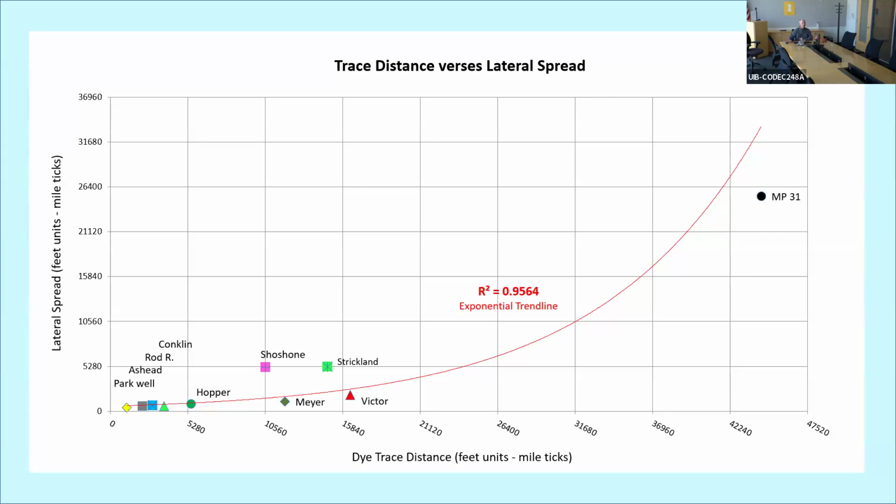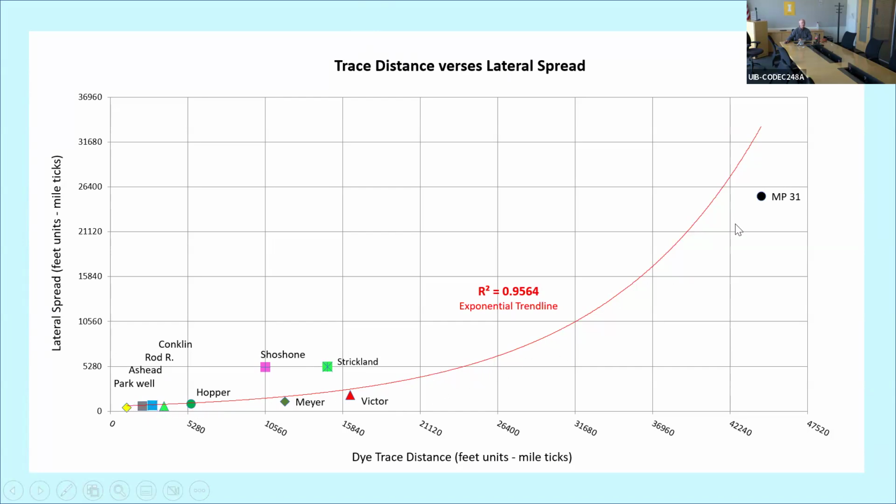We also have some information about lateral spread in these basalt aquifer traces versus the distance. These are our lateral dispersion traces. These are short distance traces and longer distance traces here.